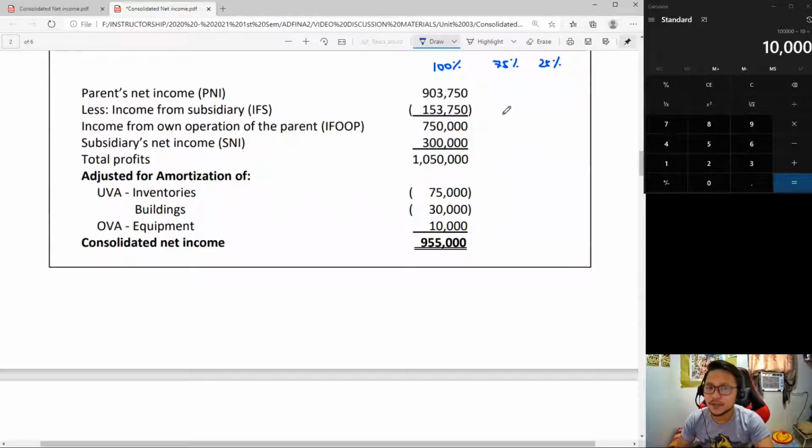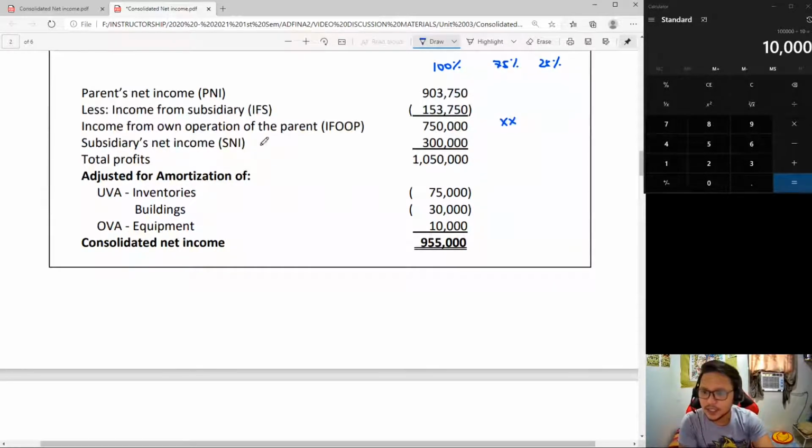Alin yung property ni parent and alin yung i-share with NCI. So, parent's net income, less income from subsidiary, eto income from own operation of the parent. Yang income from own operation of the parent, it will be exclusively owned by the parent, as in the earlier illustration. Ito kasi yung income of the parent in his own operation, not including the subsidiary's operation, of course.